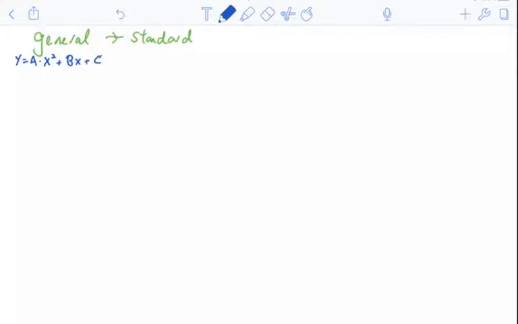The standard form looks like this: capital A times (x minus h) all squared plus k. And I'm going to teach you how to go between them. It looks like the complete the square algorithm, with two slight differences. Here are the slight differences. 1, leave y alone.